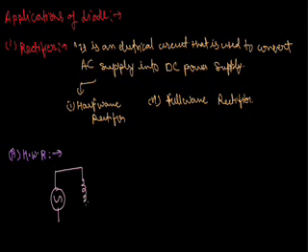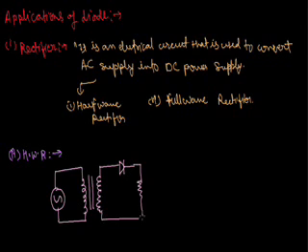Here is a transformer, and we put one diode and one load here. This point is X, this point is Y, this is A, this is B. This is the primary coil, and this is the secondary coil, and all these things together are called the transformer.